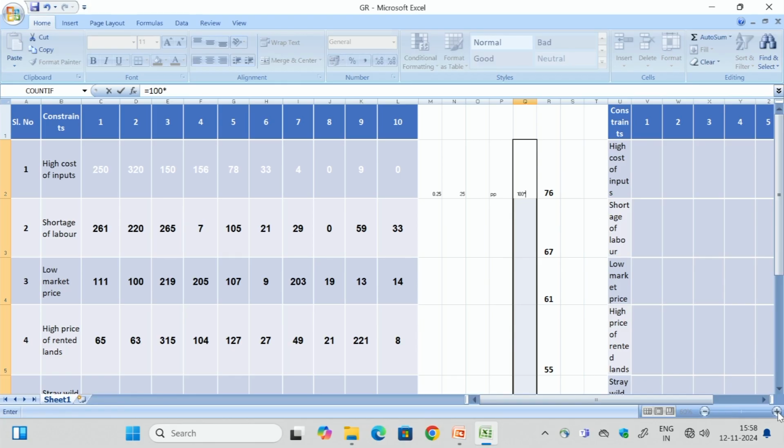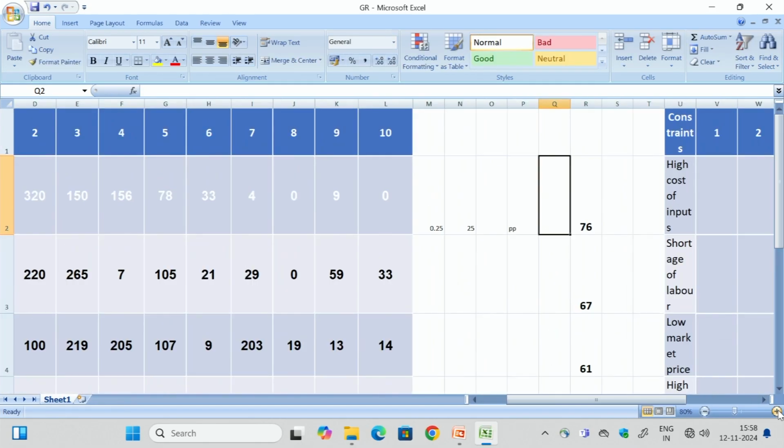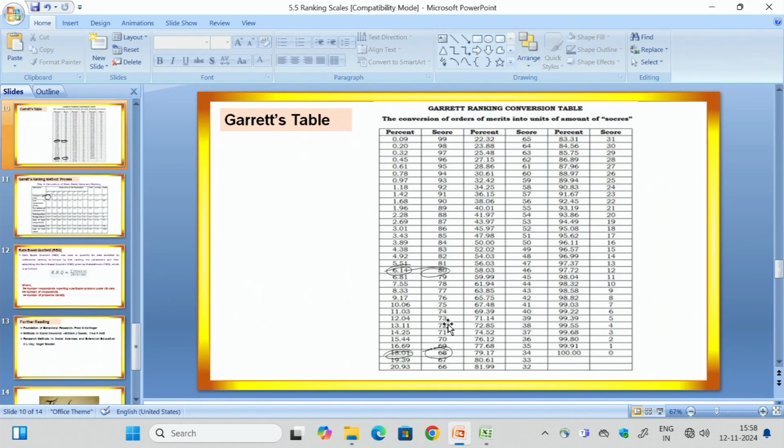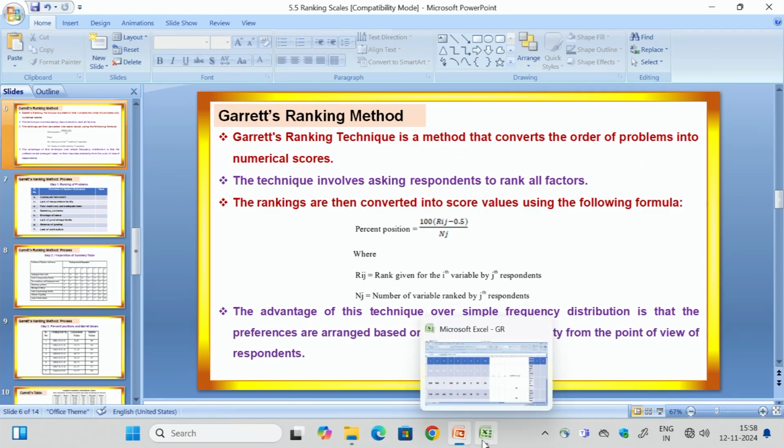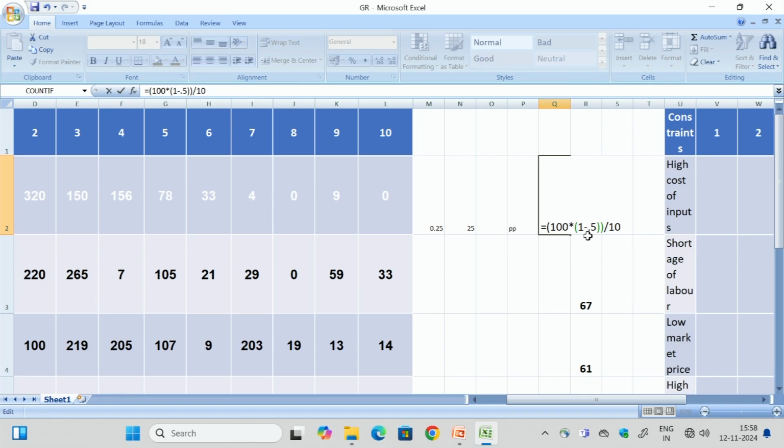It is equal to 100 into, for the first rank, (1 minus 0.5) divided by the total number of problems, here it is 10. Okay, so that is the percent position.